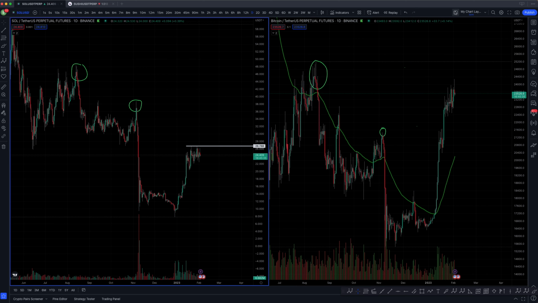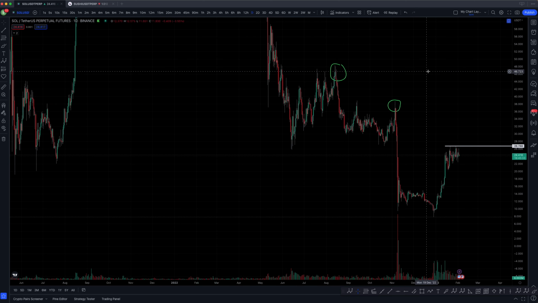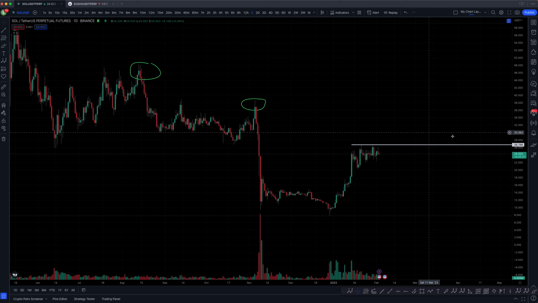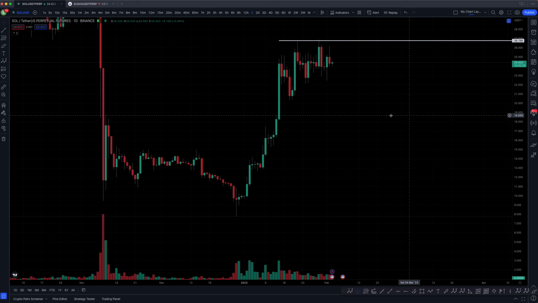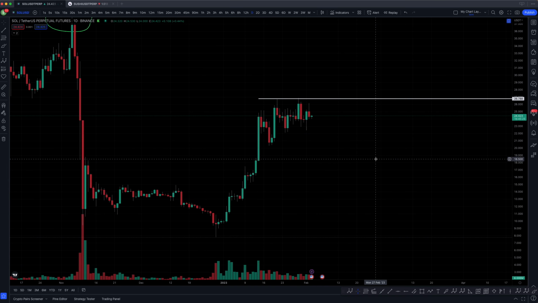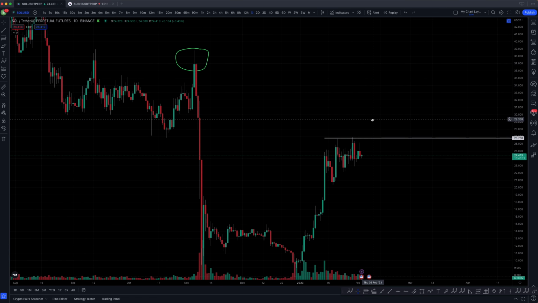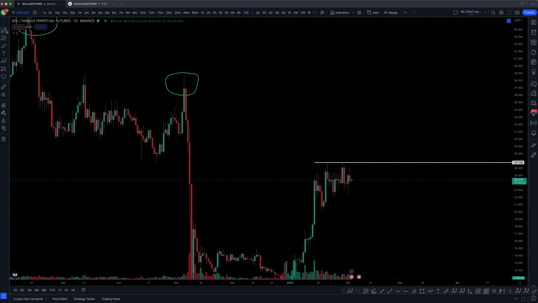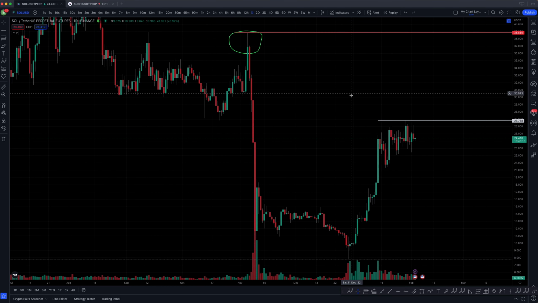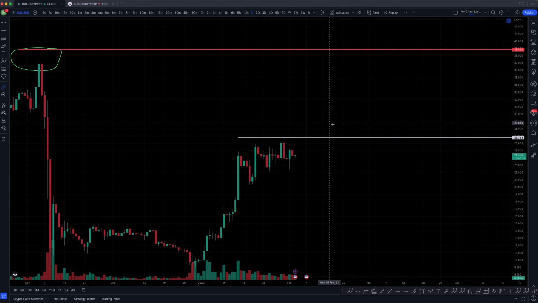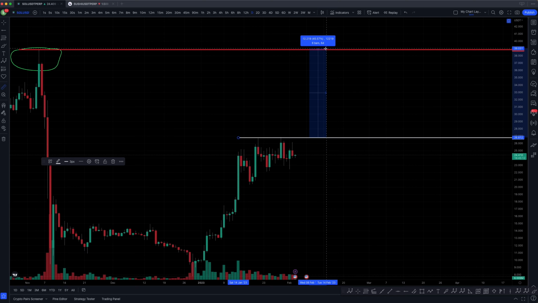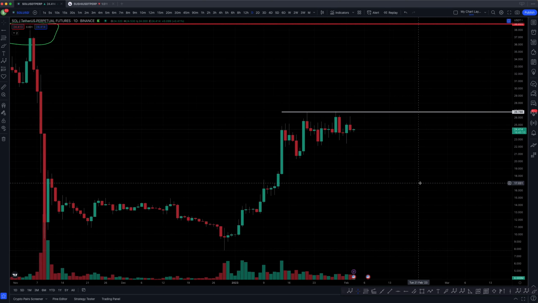Now let's go to Solana. And what I believe is that if Solana breaks this structure up, the first target would be this high, and that's a 40 plus percent move.